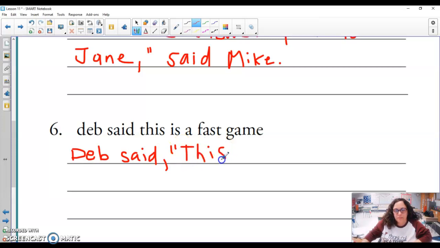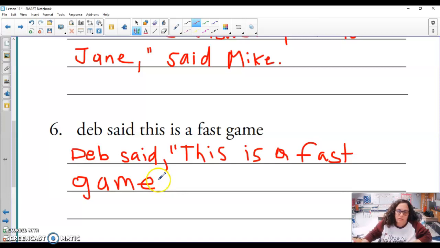This is a fast game. So is what Deb's saying a telling, asking, or exclaiming sentence? Deb said, "This is a fast game." Yes, it's a telling sentence. So we put a period and then we put our quotation marks up there.